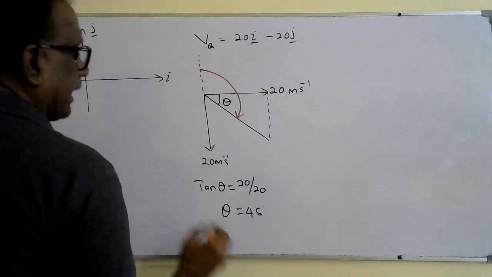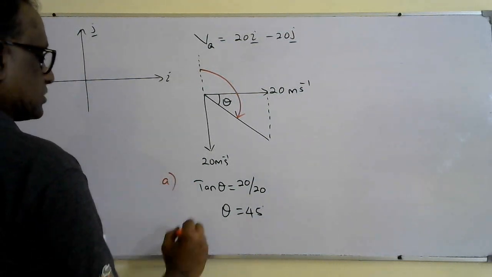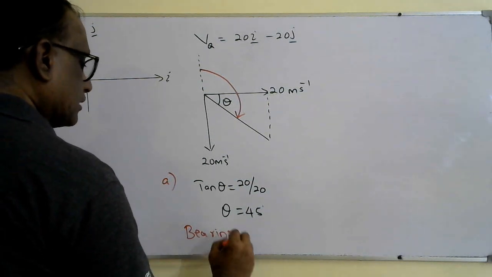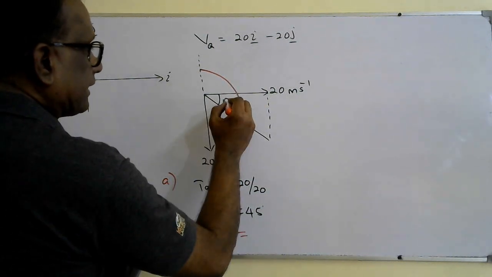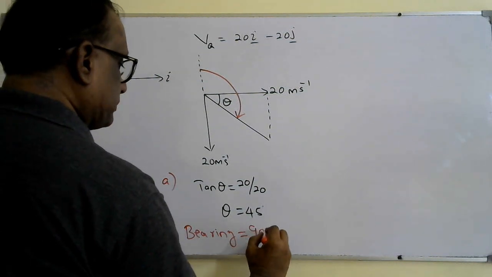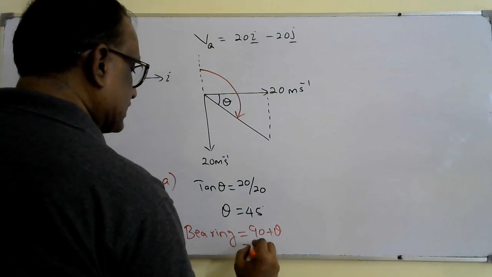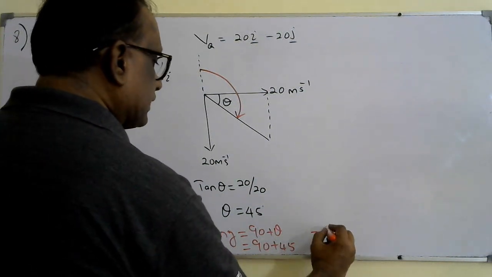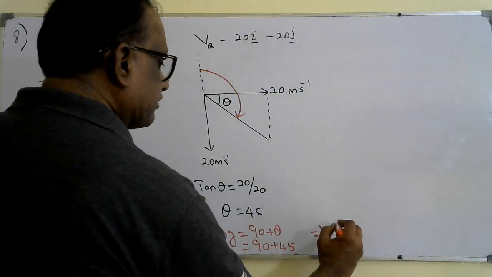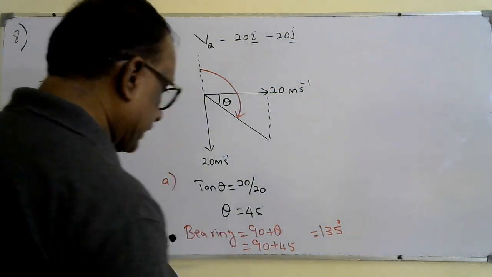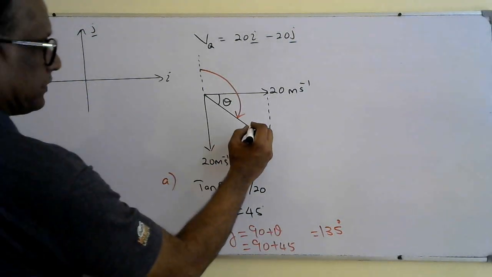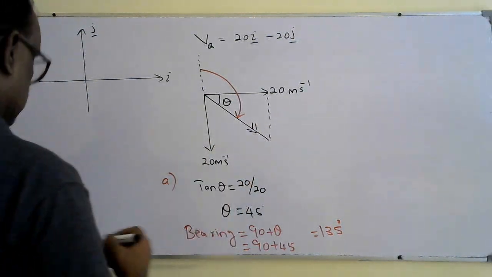The bearing angle is 90 plus theta, that is 90 plus 45, so the bearing is 135 degrees. That's the answer for the A part. This is the resultant velocity along this direction.